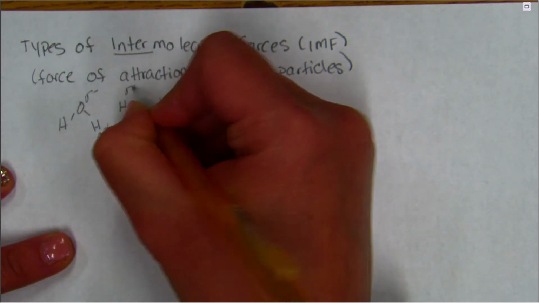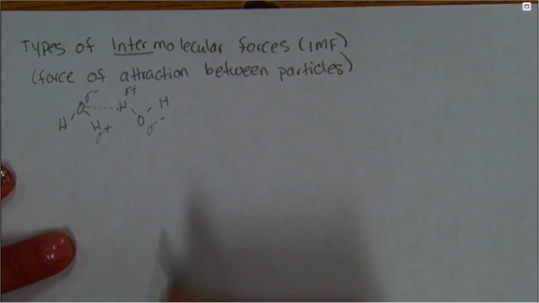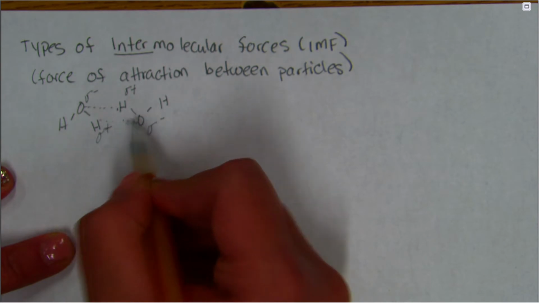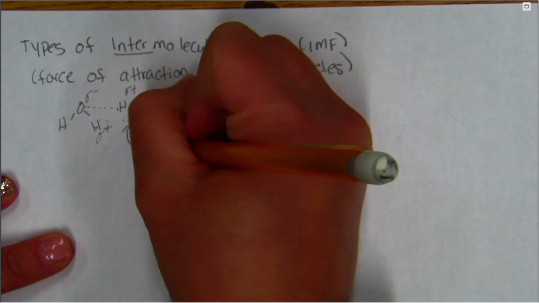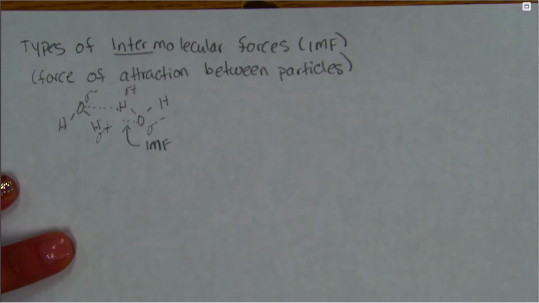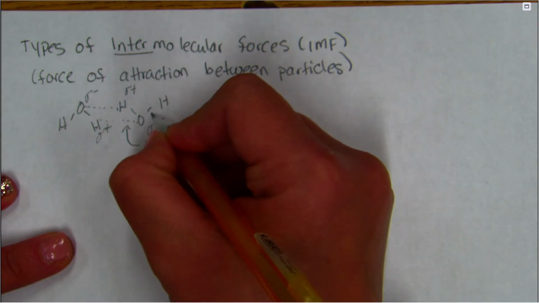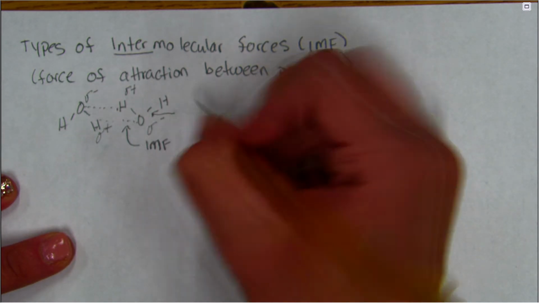And so this partial positive end is attracted to the partial negative, and this partial positive is attracted to the partial negative of this oxygen. So this right here is the intermolecular force. The intramolecular force is that covalent bond holding the hydrogen and the oxygen together.